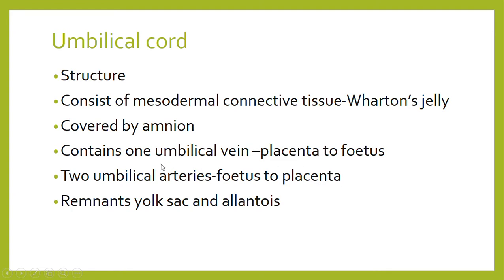See, usually the arteries carry oxygenated blood and veins carry deoxygenated blood, isn't it? But in the umbilical cord it is the opposite: the arteries contain deoxygenated blood and the vein contains oxygenated blood. And there we can also see the remnants of yolk sac and allantois, with some probability.